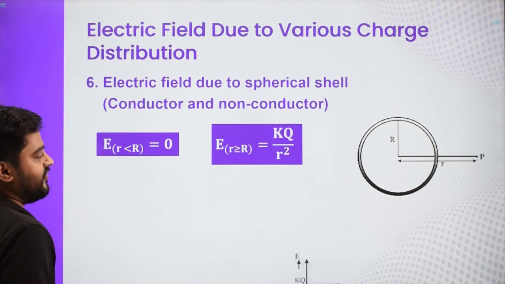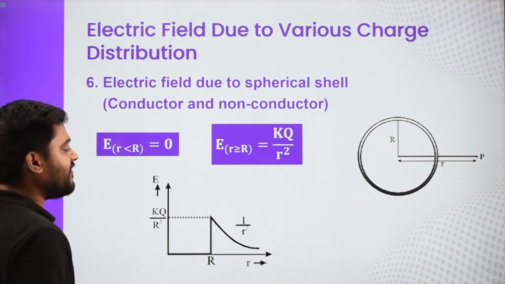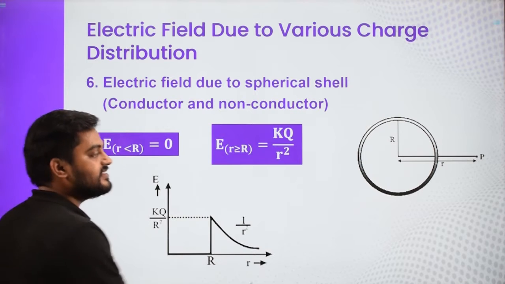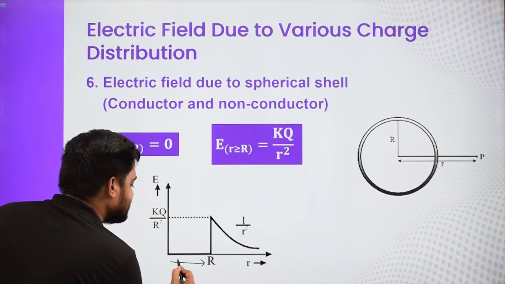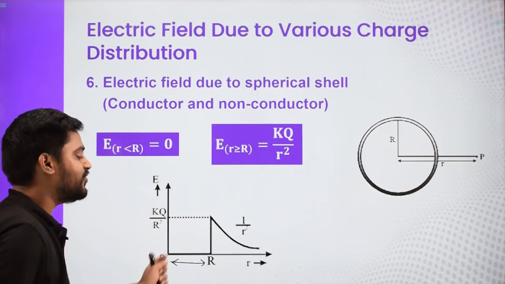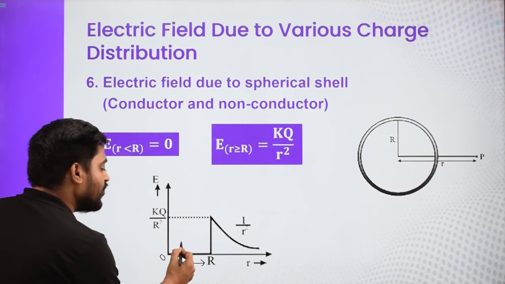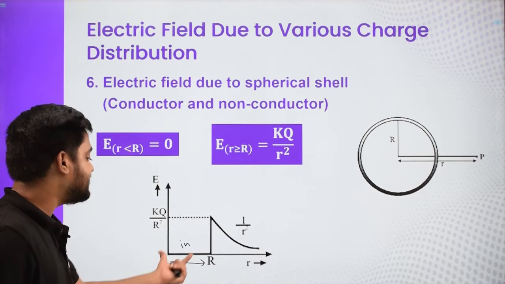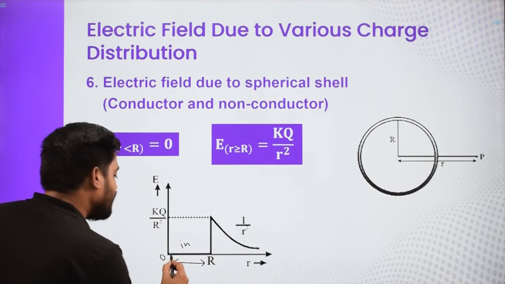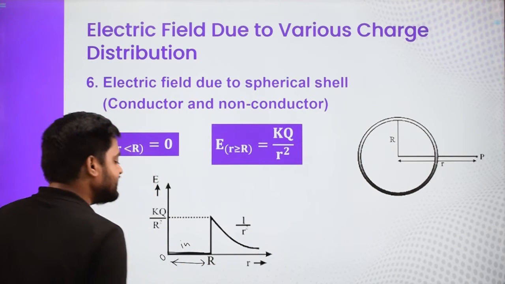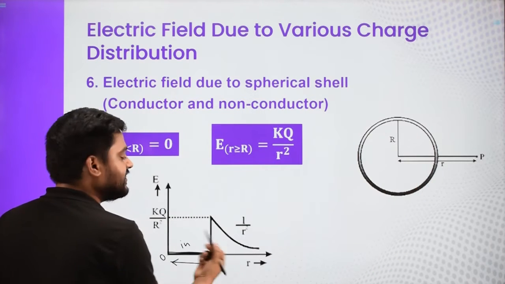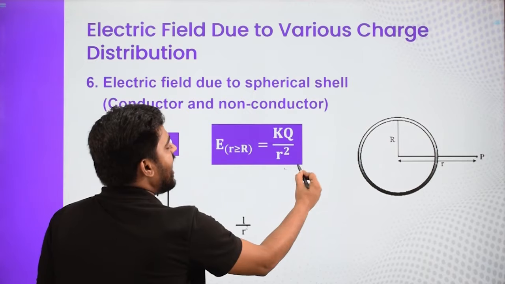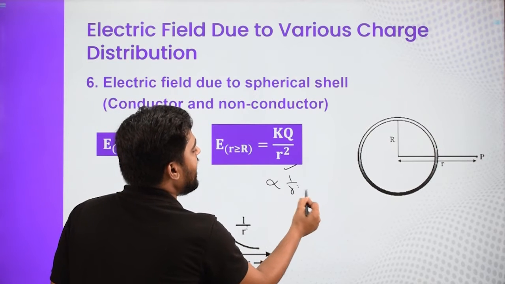If we make the graph, here I am making a graph of electric field versus the distance from the center. So this is the distance from the center. This distance from 0 to R means we are talking about the electric field inside the spherical shell, which is going to be 0. So it is 0 from 0 to R, and as soon as it comes to R, it is KQ by r square, which is proportional to 1 by r square.